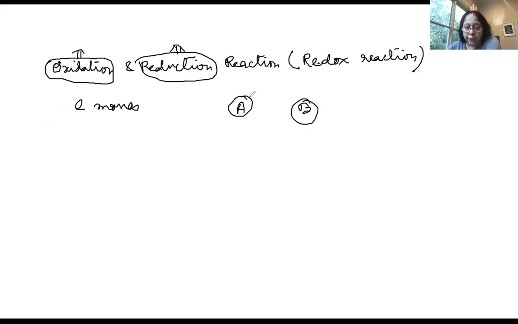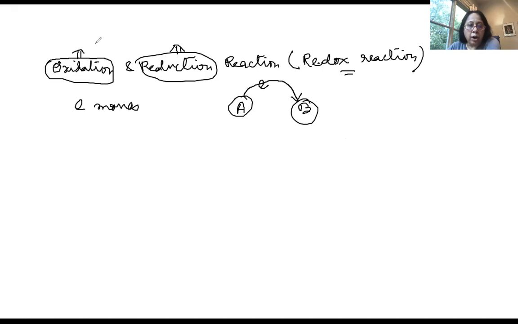Let's say A donates one electron to B, and B is going to accept that electron. So in this case, electron is moving from atom A to atom B. When an electron is moving between atoms, that is a redox reaction.